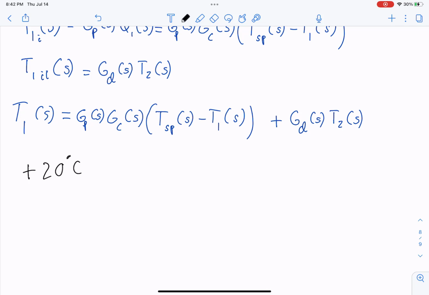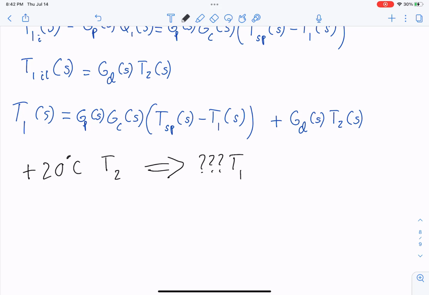We have temperature 2 go up by 20 degrees. We're going to ask ourselves, what's going to happen to temperature 1 over time? Or over s, either one. So what's going to happen to temperature 1?